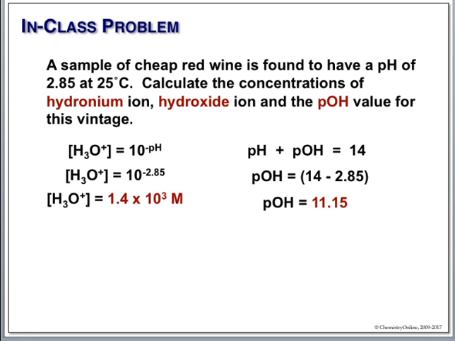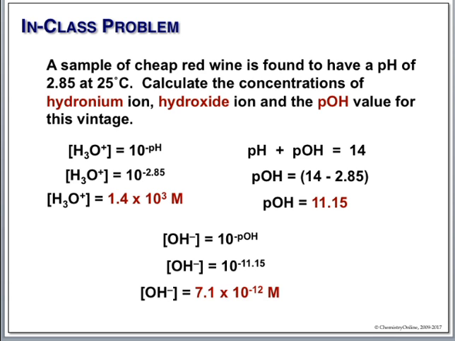We also know pOH, so we could do this two ways. The way that I chose here was to take hydroxide, 10 to the minus pOH, that's this thing. So you want to type in minus 11.15 and hit 10 to the x. Again, when you do, you should get about 7 times 10 to the minus 12. Any questions?